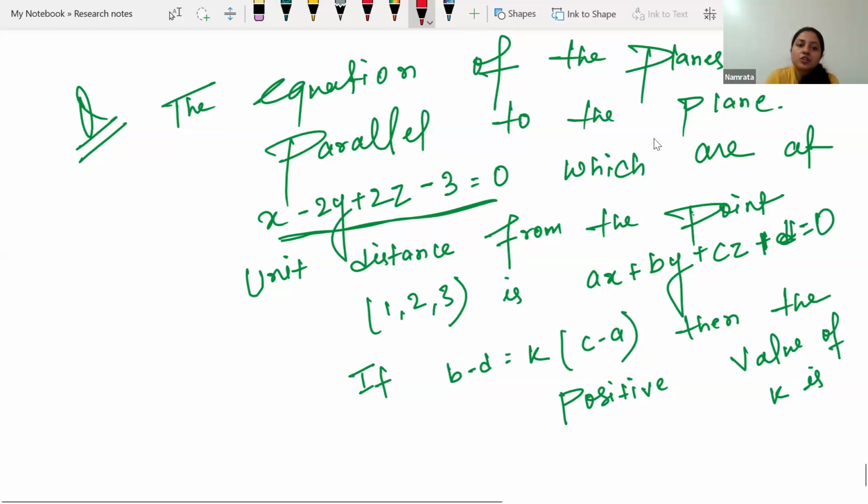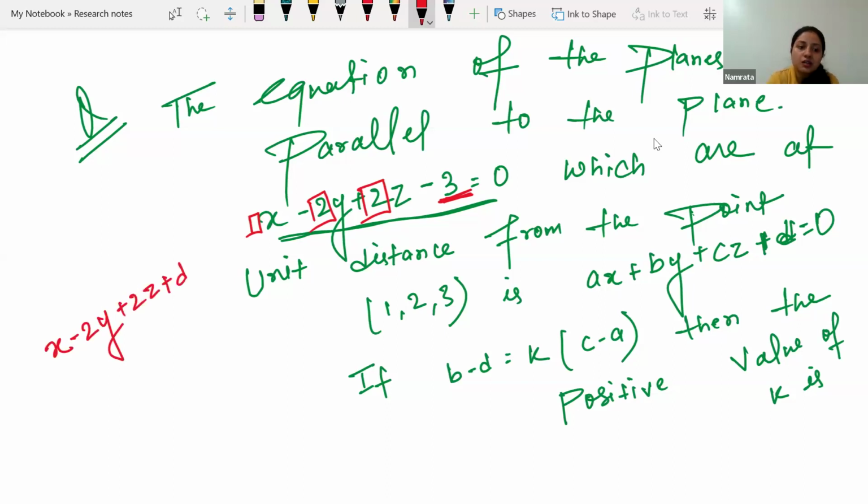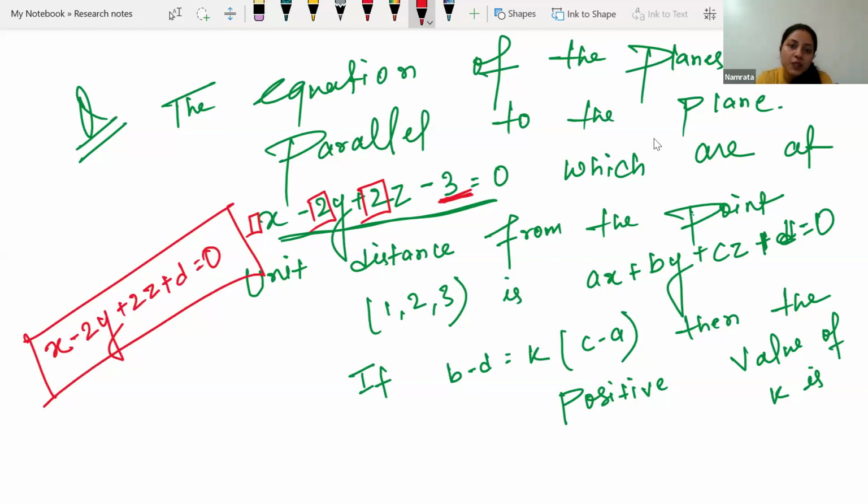Can we say our equation of a plane has the same coefficients here, here, here, everything the same except this d? So the equation of a plane parallel to this plane will be x minus 2y plus 2z plus d is equal to 0. Can we say this plane is parallel to this plane? Yes or no?